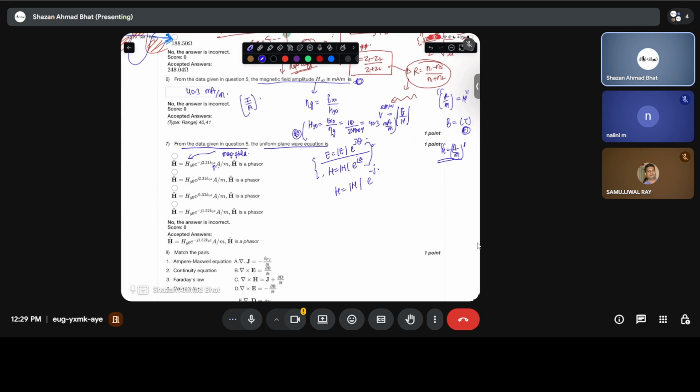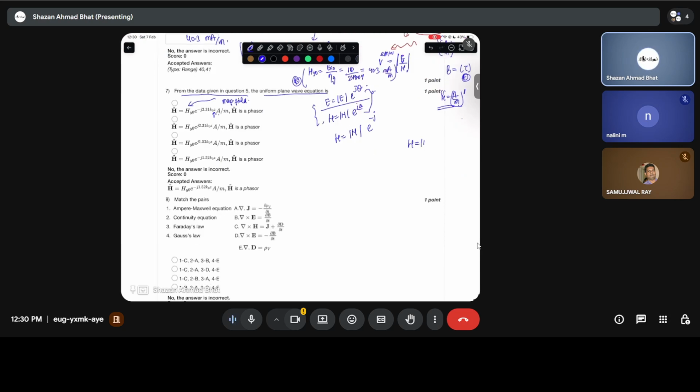You can write it as jkz, but you can write it in terms of e to the power minus j 2 pi over something. You can write it as beta, k naught z. But this is 2 pi over... No, it's not exactly like this.